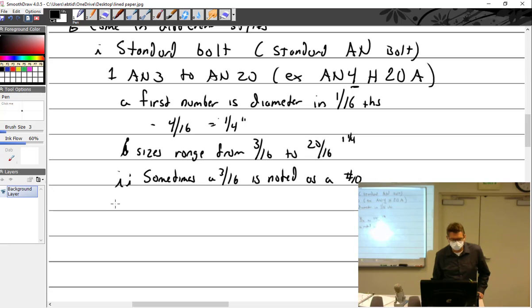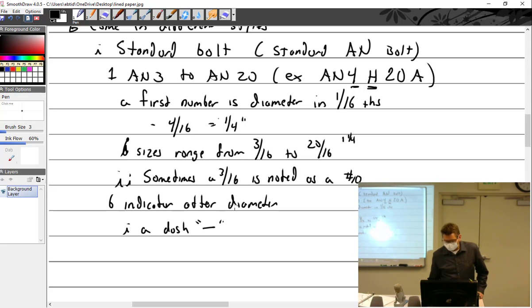Now we've got the indicator after diameter. What I mean is like this one right here. That has an H. All right, so a dash indicates cad or cadmium plated steel.